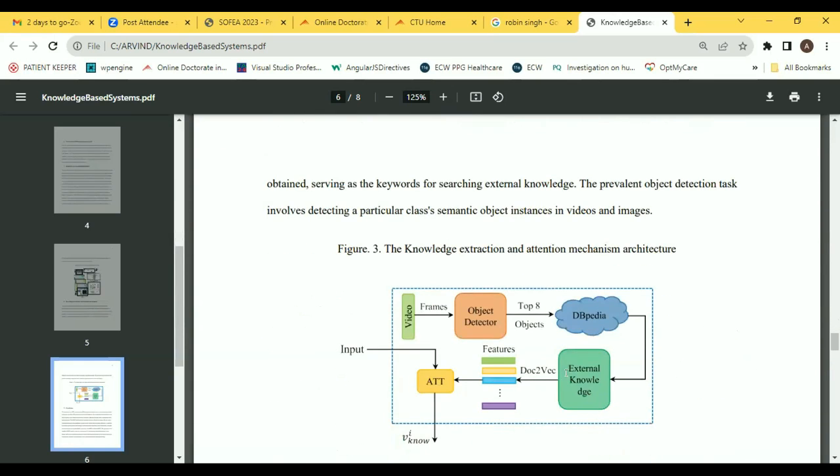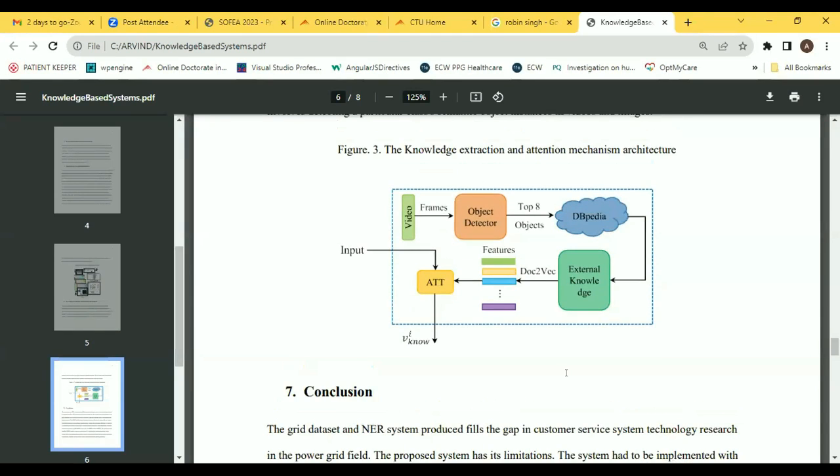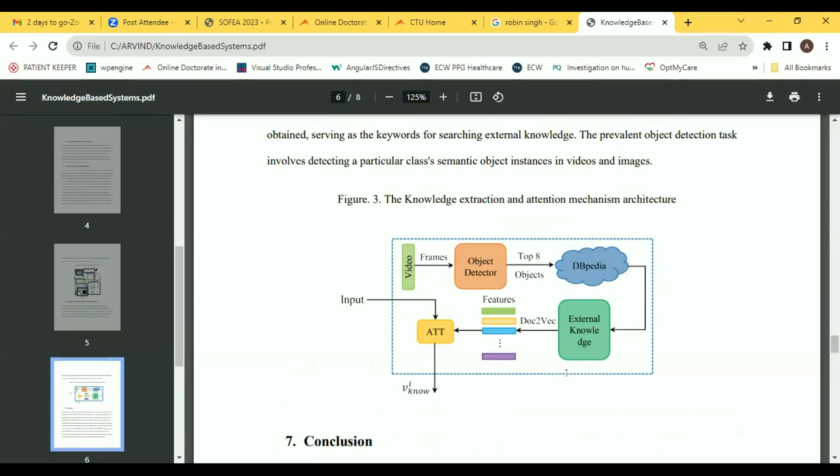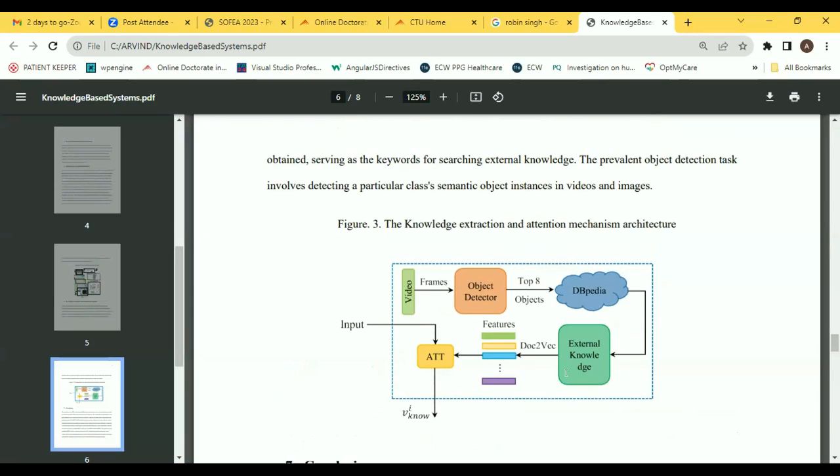This figure 3 illustrates the knowledge extraction and the architecture, wherein the video input is given to the object detector, and then the objects are visualized by the DBpedia, and then they are extracted through the external knowledge, and then ATT is fed to the final layer and then it is displayed. It is done. Any questions on this?